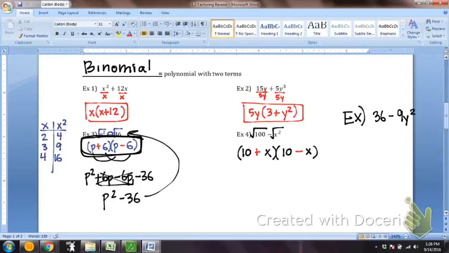Are those perfect squares? 36 and 9 are, right? Okay, so what's the square root of 36? And what's the square root of 9y squared? 3y, right? Now my question to you is, is this fully factored? 6 minus 3y, 6 plus 3y. Is that fully factored? Isn't there a greatest common factor?